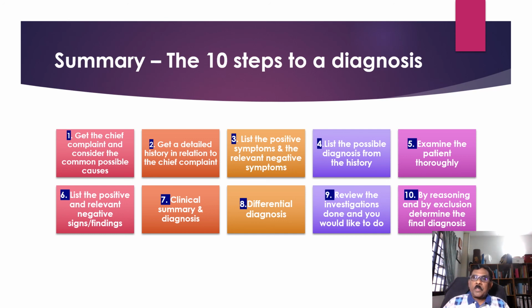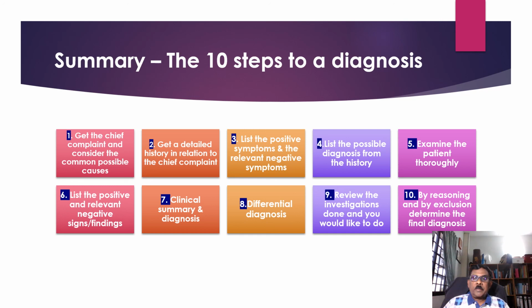Fifth, examine the patient thoroughly. The 6th step, list the positive and relevant negative signs and findings on physical examination. Step 7, a clinical summary is made and a provisional diagnosis is made. A few differential diagnoses are provided in step 8.